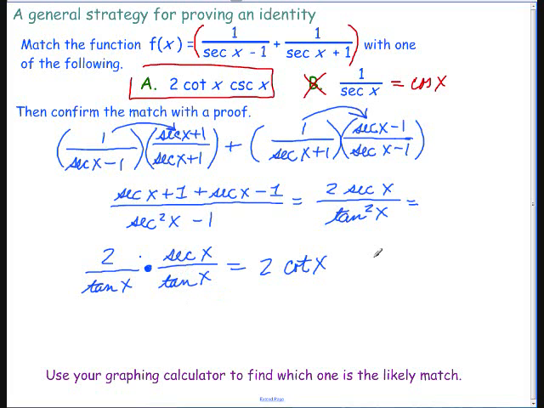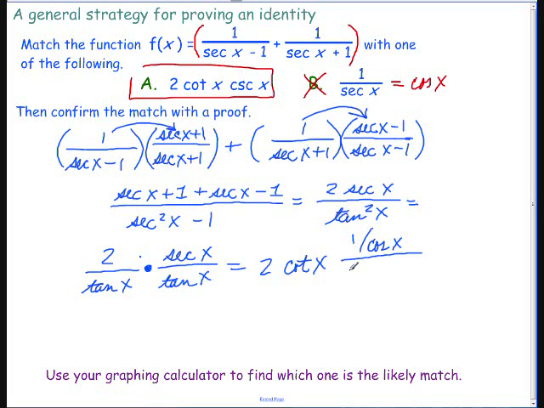If it isn't obvious how to do that, write it out in terms of sine and cosine. How can I write this in terms of sine and cosine? That'll be 1 over cosine x, and tangent will be sine x over cosine x. Am I getting where I need to get?